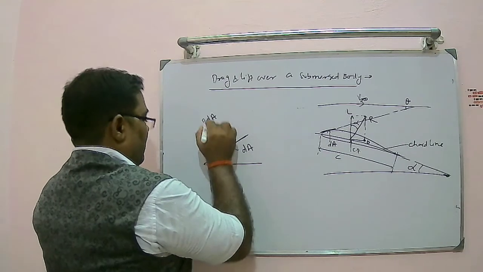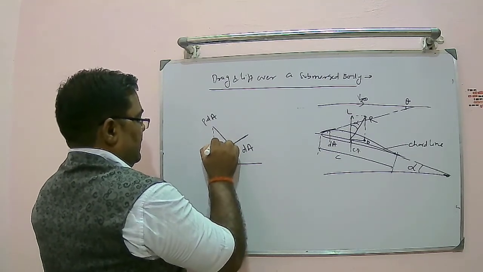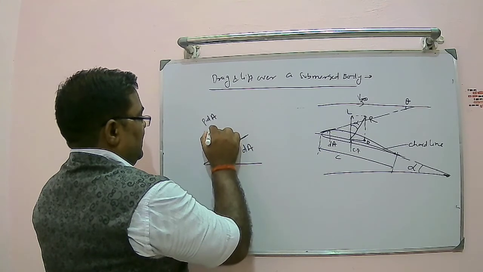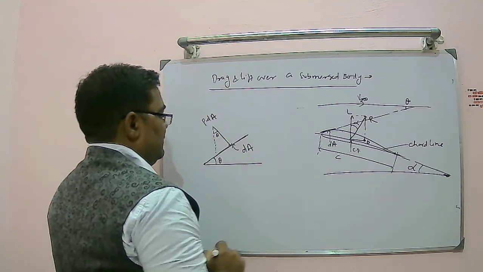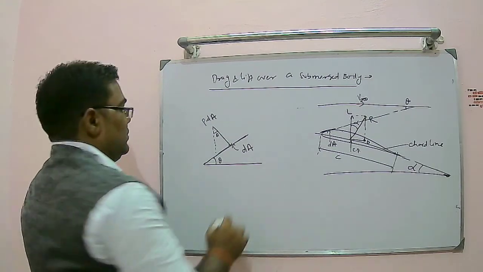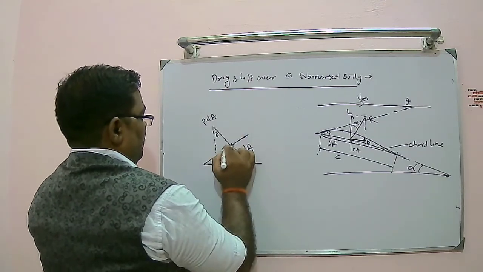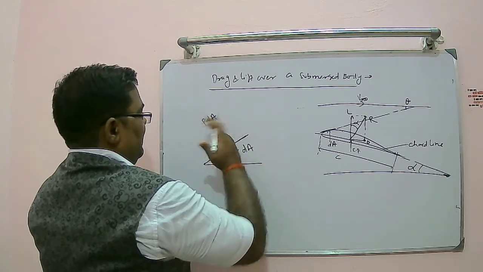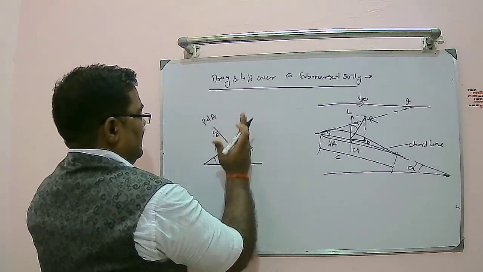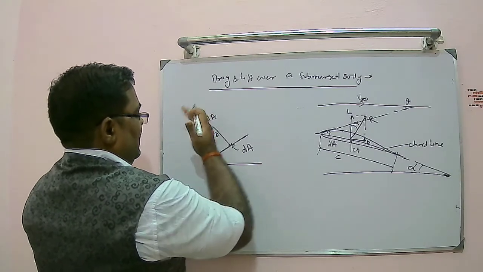If I draw a vertical line like this, basically this is making an angle of theta. So if I draw the components of this, P cos theta will be like this, and this will be P sin theta.